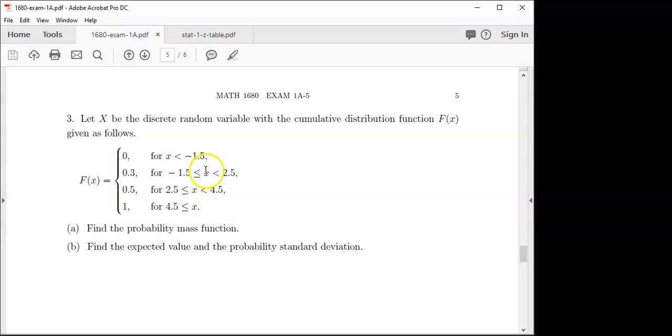The breaking point is -1.5, that's where the first and second intervals break. And then at 2.5, the second and third intervals break. And finally, at 4.5, the third and fourth intervals break. So we have 1, 2, 3 breaking points. You can read all those from this piecewise defined expression.